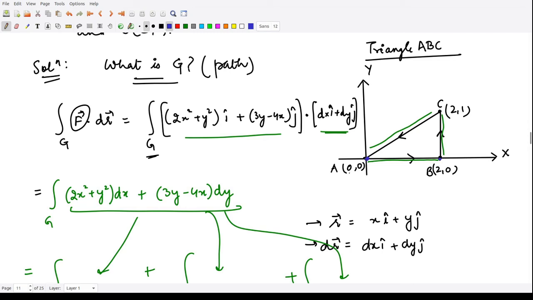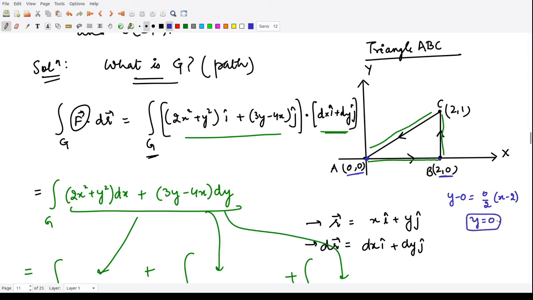Here, if you see, you have 2 points, so you can directly calculate the equation for the line. So it would be y minus 0 equal to (y1 minus y2) divided by (x1 minus x2), so 0 by 2 into (x minus 2). So y is equal to 0.